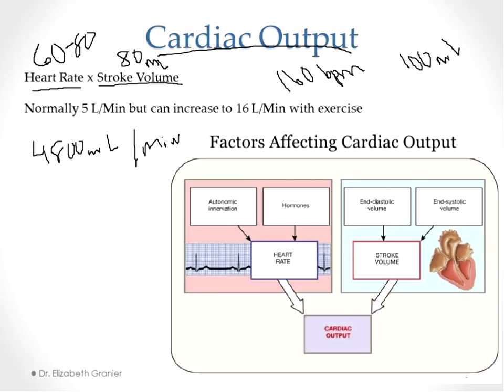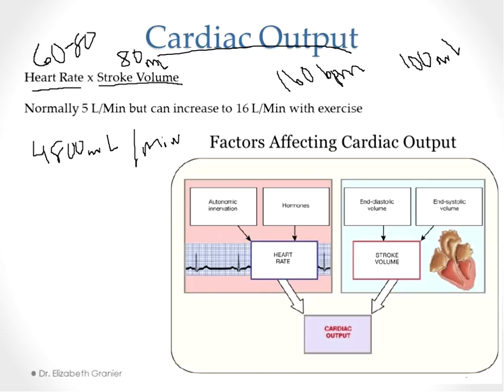All right? You can change heart rate by changing hormones like epinephrine or thyroid hormones. So someone who has hyperthyroid might have a really erratic high heartbeat. You can change the heart rate with autonomic input. So when you are scared and you have output of sympathetics, norepinephrine, adrenaline, that's going to make your heart rate go up, versus when you're sleeping and you're eating and you're relaxing, you have acetylcholine, and so your heart rate's down.